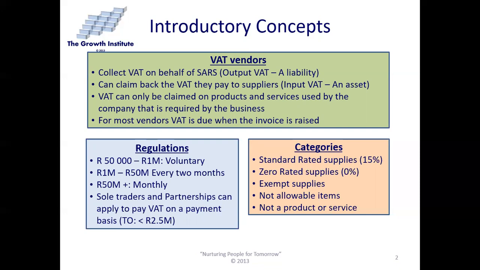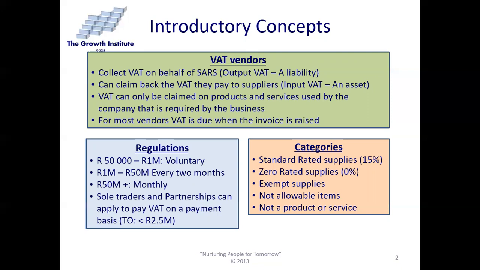For most vendors, the VAT is due when the invoice is raised. And for our purposes, we're doing these ICB calculations where we will assume that the VAT is due the moment the invoice is raised. Some regulations that apply to VAT: if the turnover is between 50,000 and 1 million, then it is voluntary whether you want to register for VAT or not.